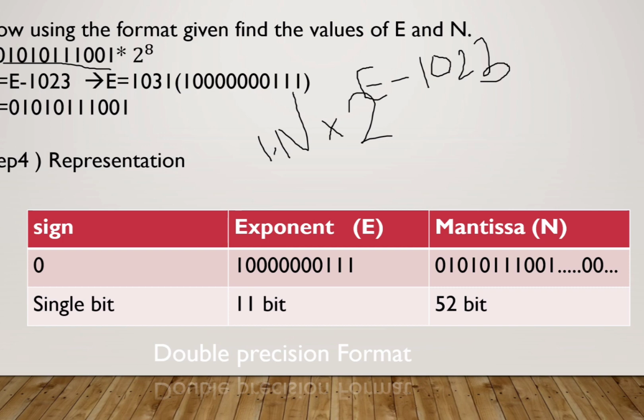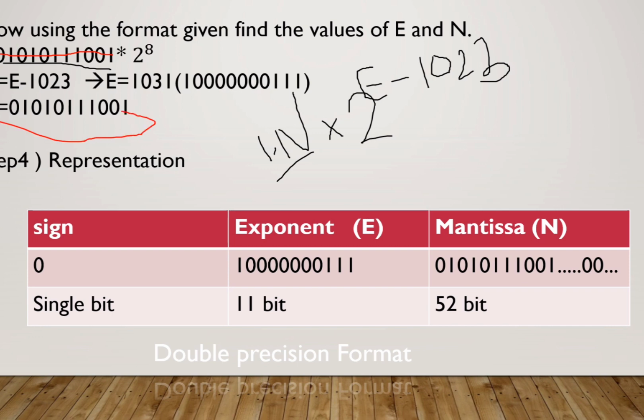So we will compare our number with this format. We separately get the value of n. The value of n is nothing but this whole number, so we will just take the value of n as it is.